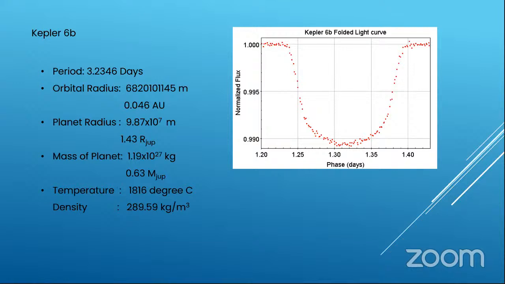The mass of the planet is 1.19 times 10 to the power 27 kg, which is around 0.63 times the mass of Jupiter. The temperature of this planet is 1816 degrees Celsius, and the density is 289.59 kilogram per meter cube.